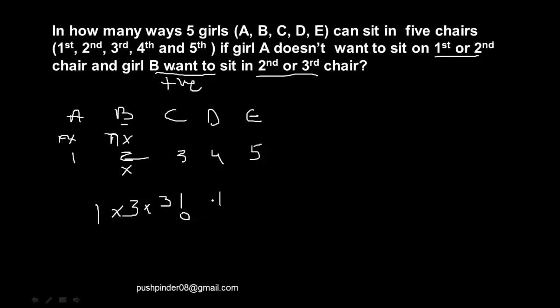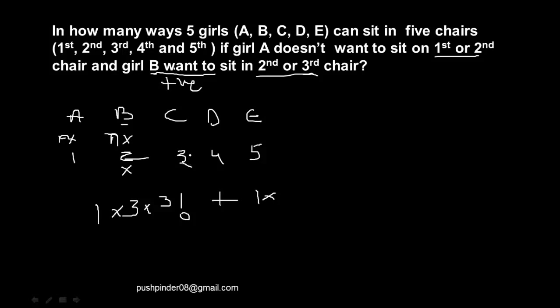Now let's add another case. Let's make girl B sit on the third chair. How many ways to do that? Just one way. Now let's see how many choices girl A has. B has already sat on the third chair.